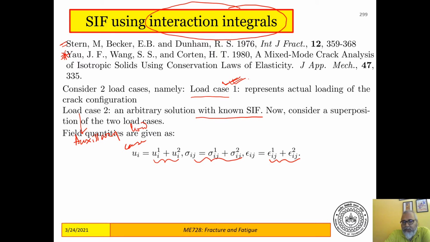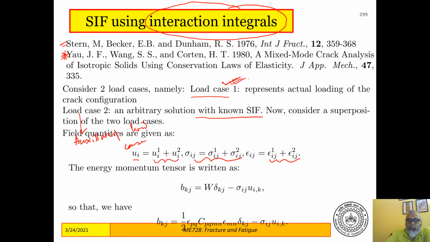We have learned that. For the time being, let us assume that u_i is the displacement field in the superposed problem, consisting of u1 and u2. Similarly, sigma_ij and epsilon_ij are the stress and strain fields in the superposed problem.